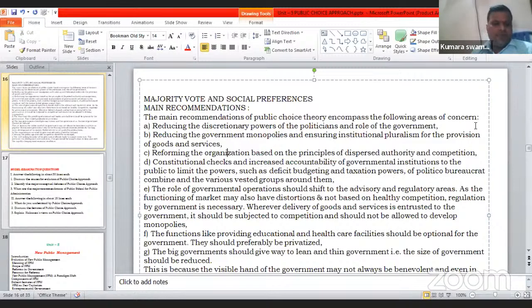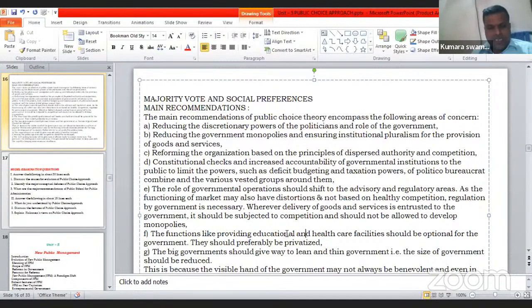And in this one, the role of government operation should shift to diverse advisory and regulatory types of areas and functions, and providing education and health facilities should be optional for the government. It should be optional. It's not compulsory.